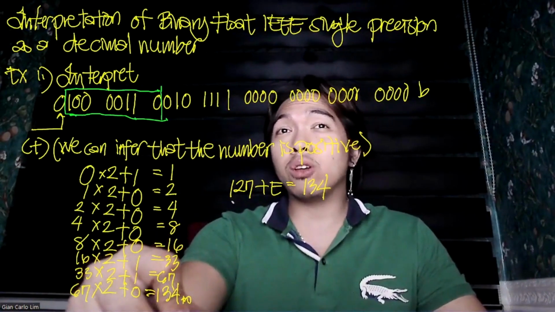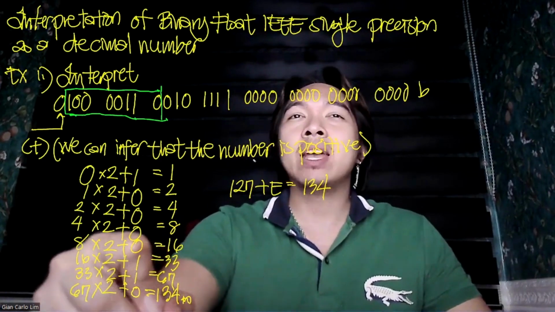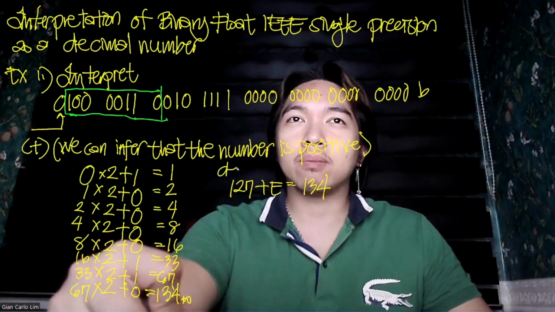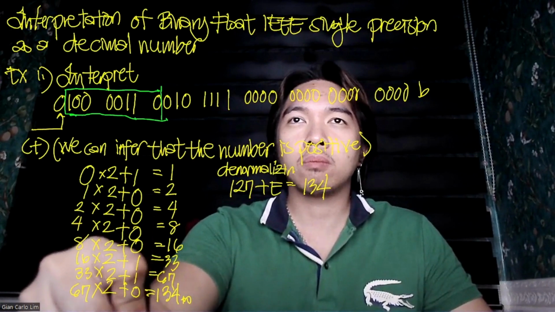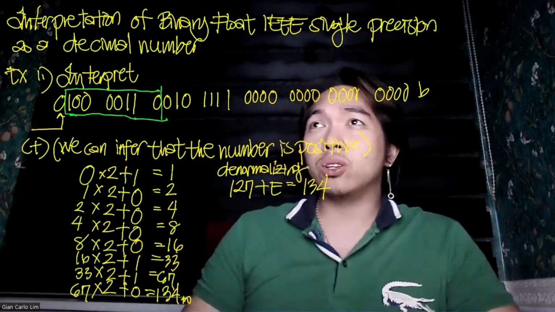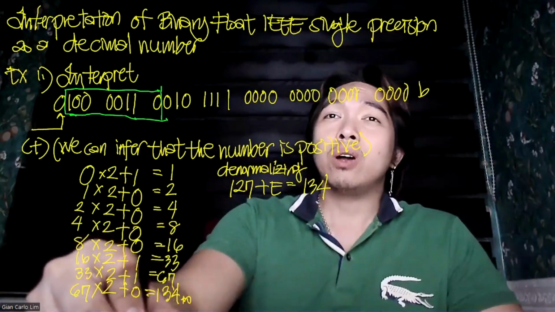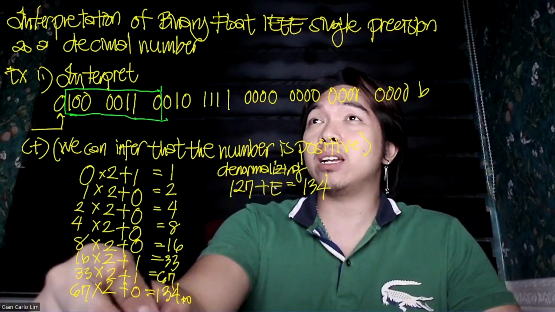So, nung nakaraan, we call it as normalizing. This time, this is what we call denormalizing. So, after we denormalize, we now have 134. Okay. So, kailangan natin yung value ng E para sa significant figure ng mantissa.